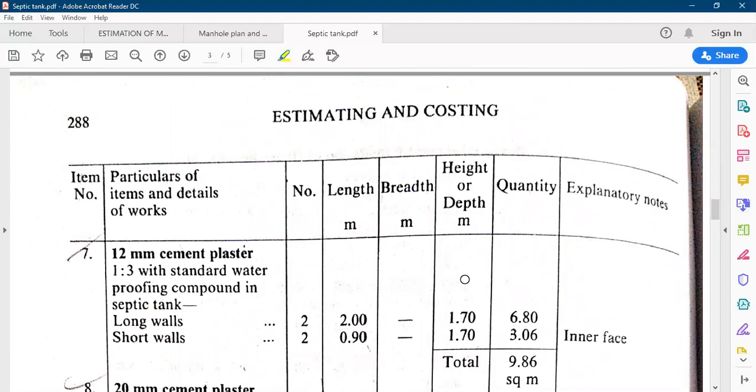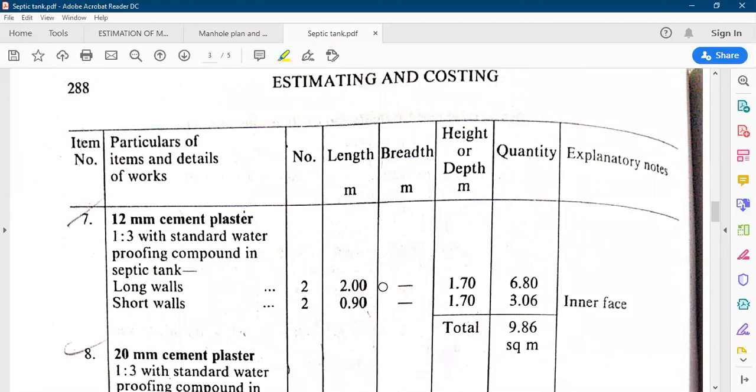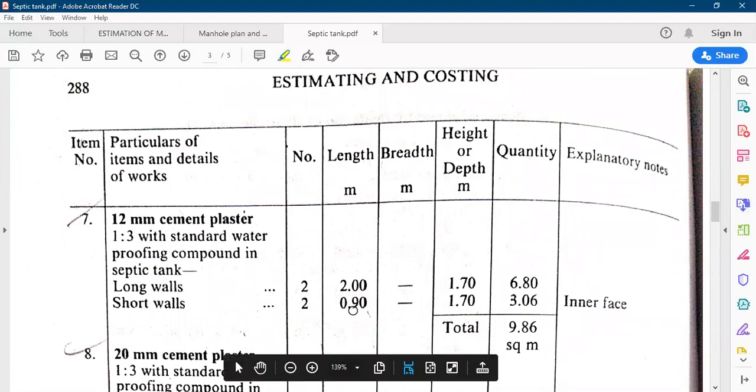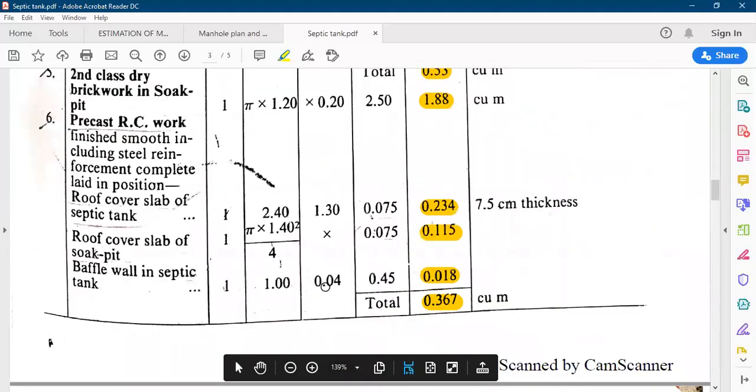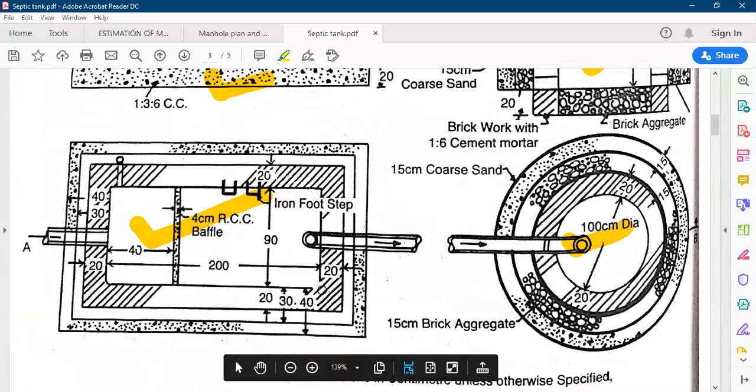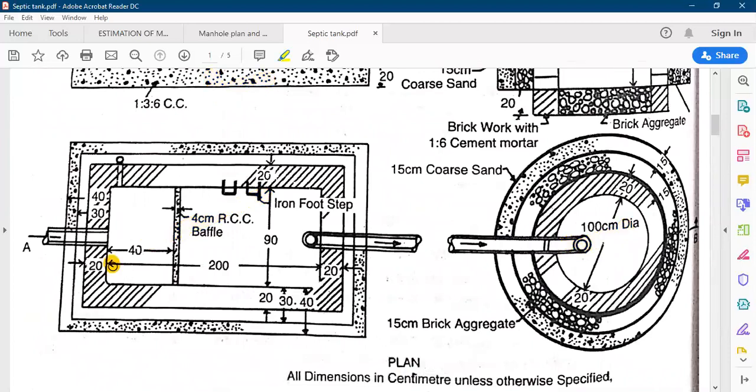Right, so there are four walls of the rectangular portion of the septic tank. Two walls are long walls and two walls are short walls, right? All the open surface of all four walls has to be plastered, right? As you can see, the inner dimension of the long walls is 200 centimeter and the width of the short wall is 90 centimeter.